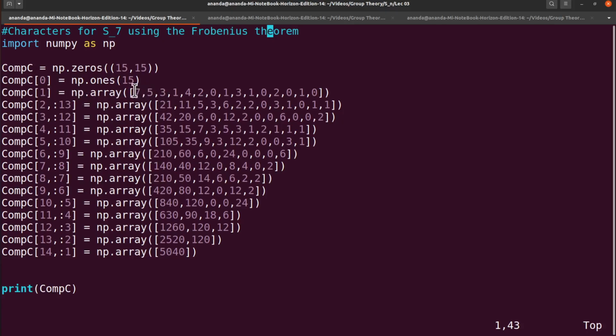The 1st row, well, I've just put in the numbers, and all I've done is essentially replace the zeros that I had started with initially by those non-zero numbers that we have. And finally, this is how we just enter our entire compound character table. There could be other more efficient or more direct ways of doing this, but this is a reasonably good way to enter the entire array into my computer.